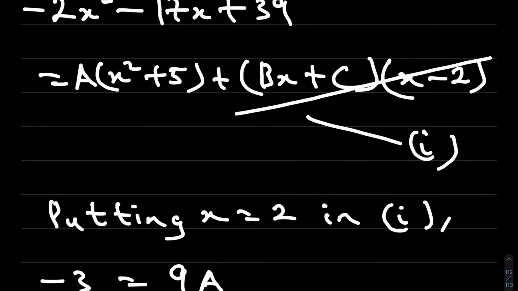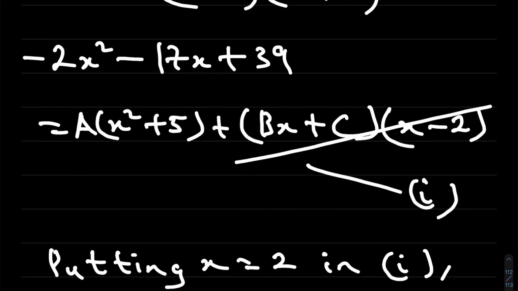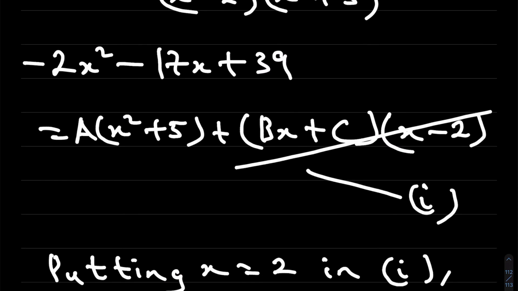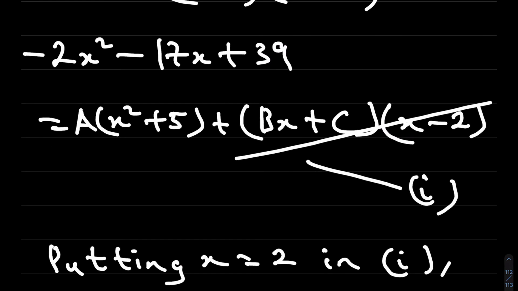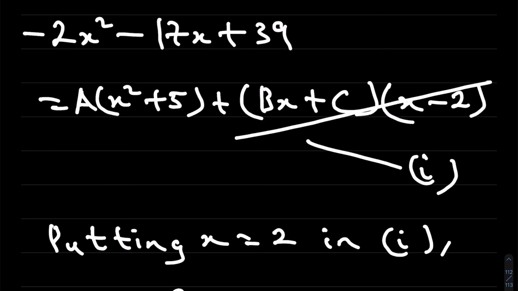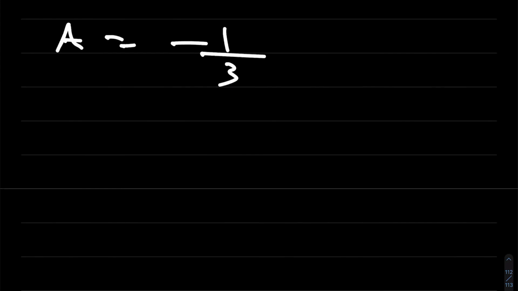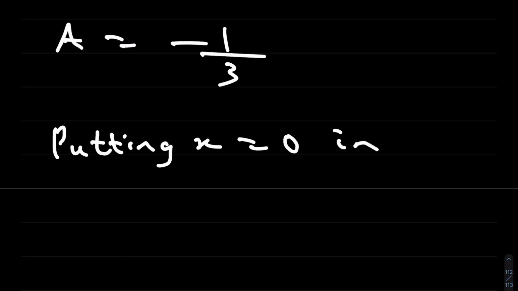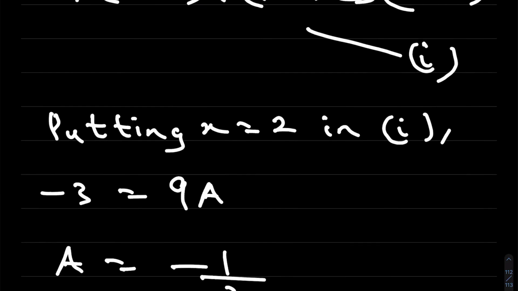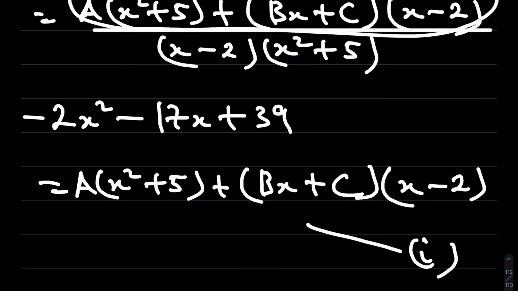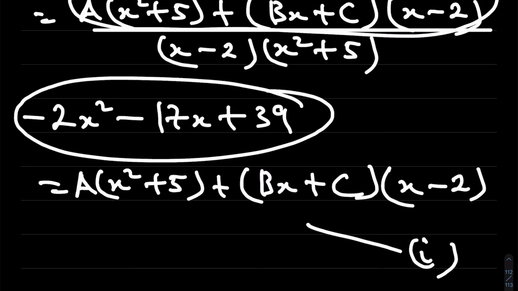Now what can we put in equation 1 to get another constant, or at least make the equation simpler? Yeah, let me put x equals 0. Putting x equals 0 in equation 1, the left hand side is going to become 39.